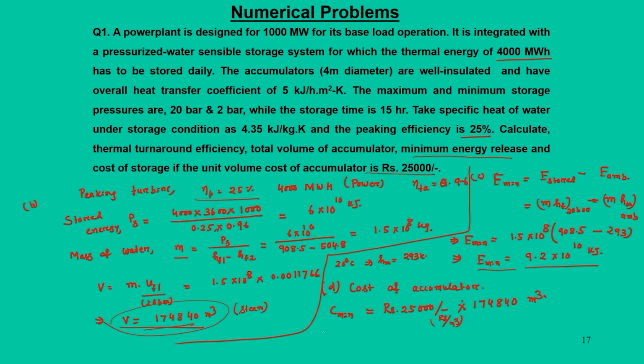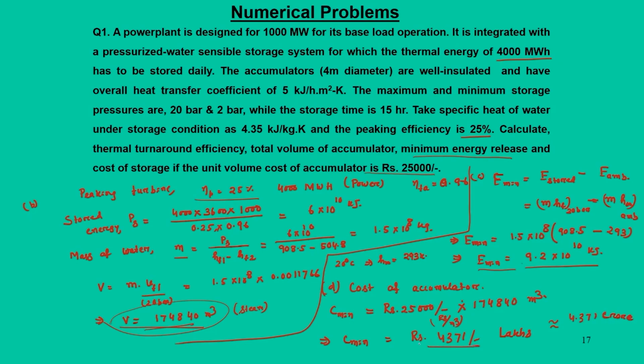So, meter cube gets cancelled. So, minimum cost would be rupees 4371 lakhs. So, approximately it is 4.371 crore.